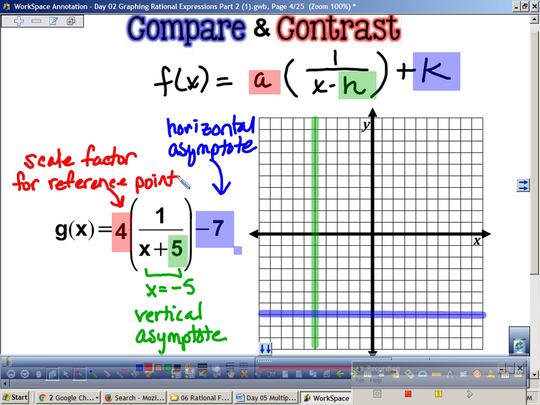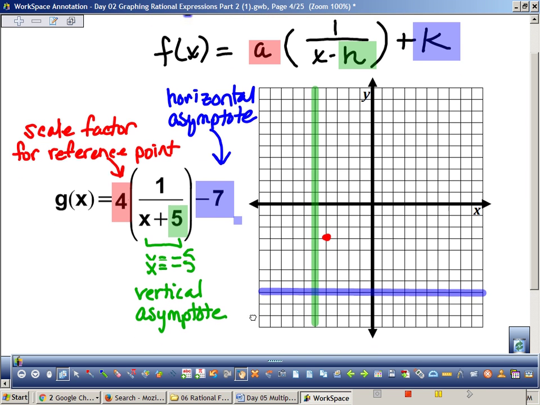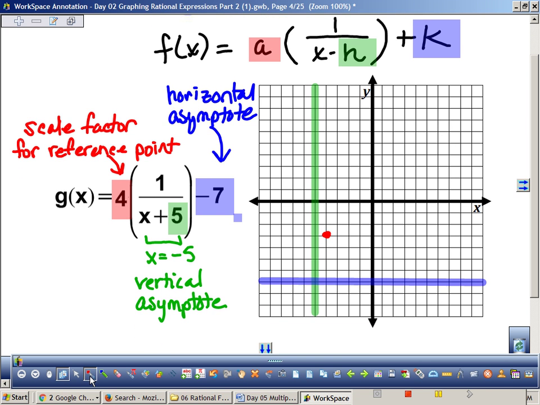So instead of going over 1, up 1, I'm going to go over 1, up 1, 2, 3, 4. From the intersection of my asymptotes. And I'm going to go to the left, over 1 and down 4. 1, 2, 3, it's a little bit off the map, which isn't a big deal, right?